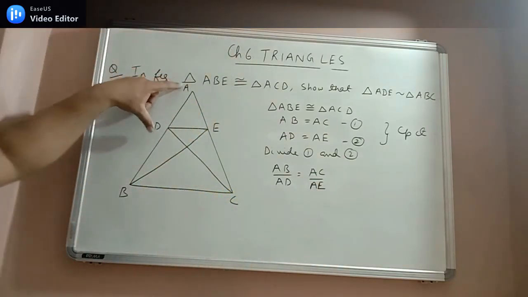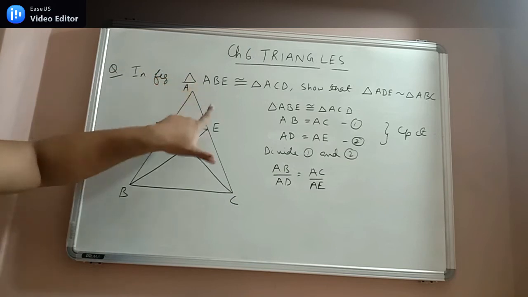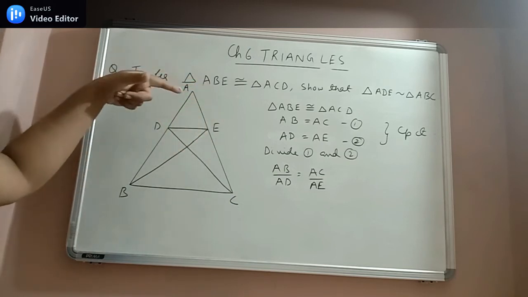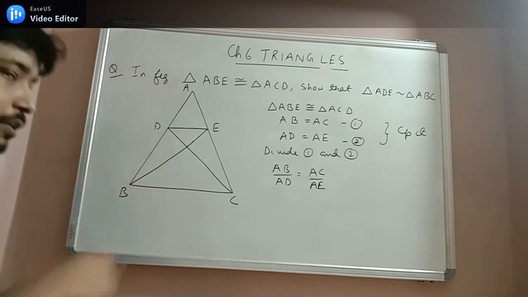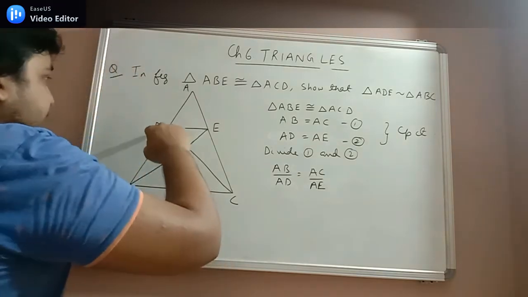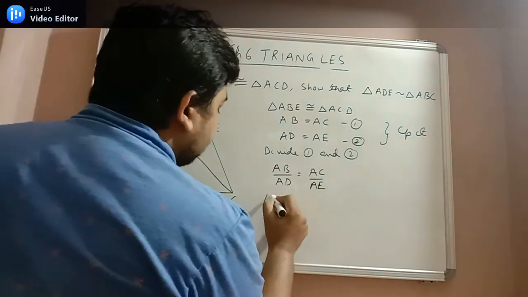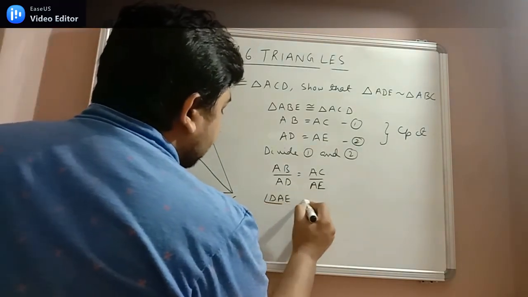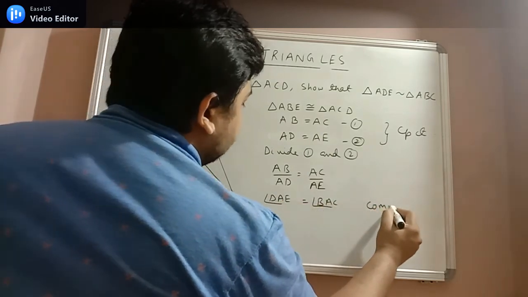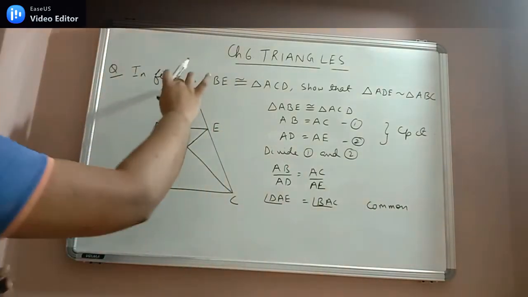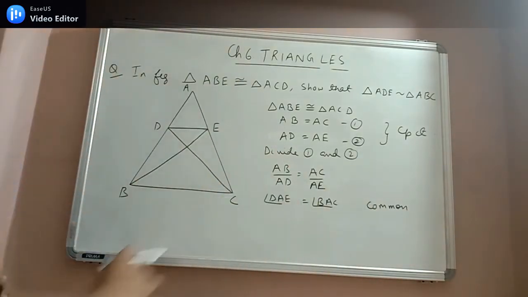Now AB upon AD equal to AC upon AE are the corresponding sides of triangle ADE and triangle ABC. Now we also have angle DAE equal to angle BAC, that is a common angle.